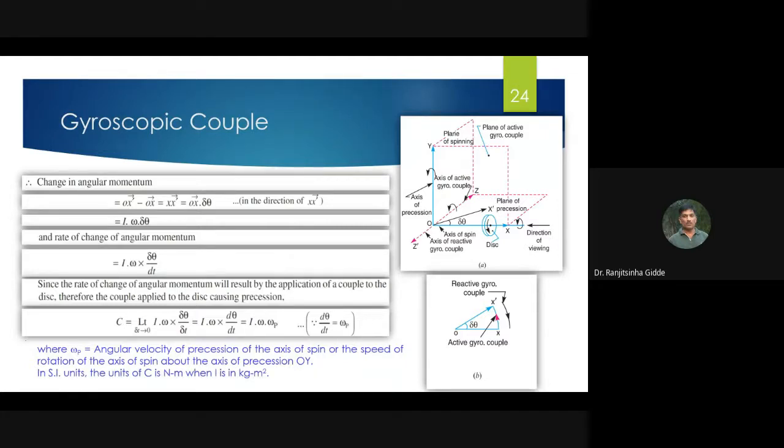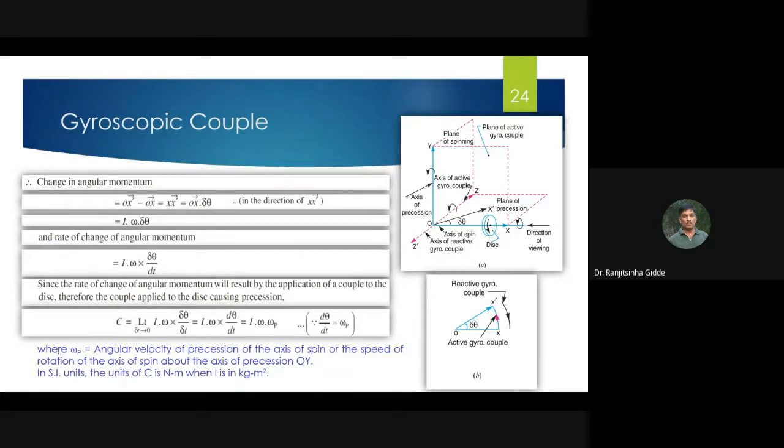Next line you can write, where omega p is equal to angular velocity of precession.